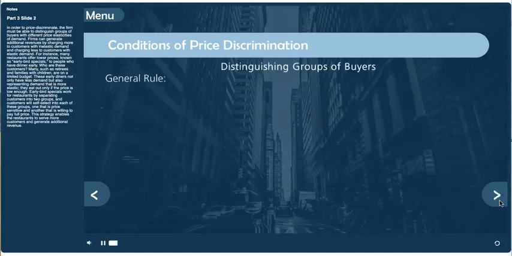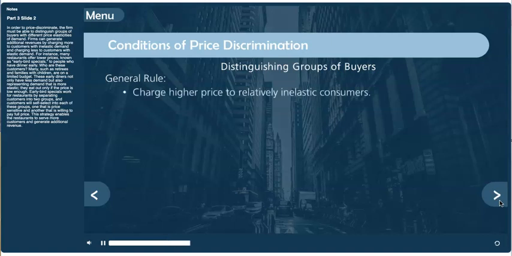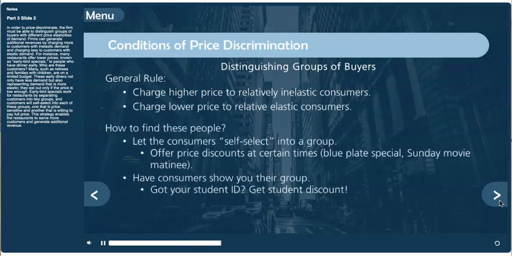In order to price discriminate, the firm must be able to distinguish groups of buyers with different price elasticities of demand. Firms can generate additional revenues by charging more to customers with inelastic demand and charging less to customers with elastic demand. For instance, many restaurants offer lower prices known as early bird specials to people who have dinner early.